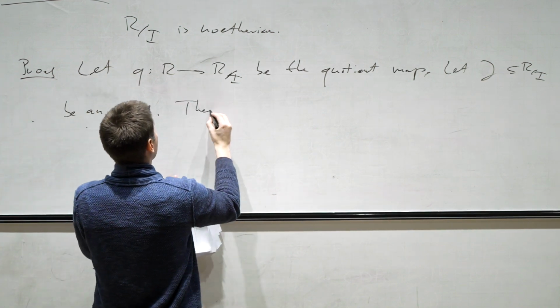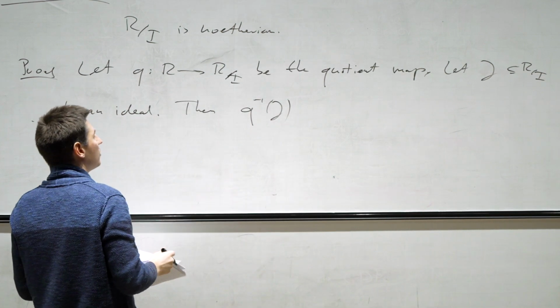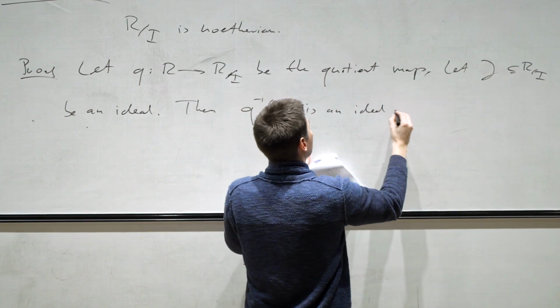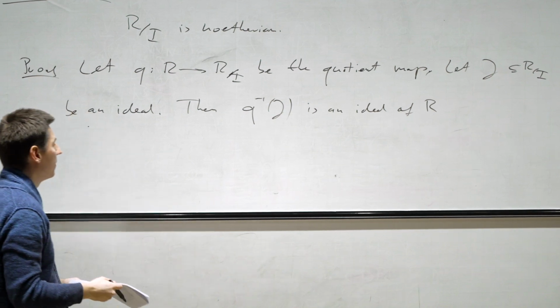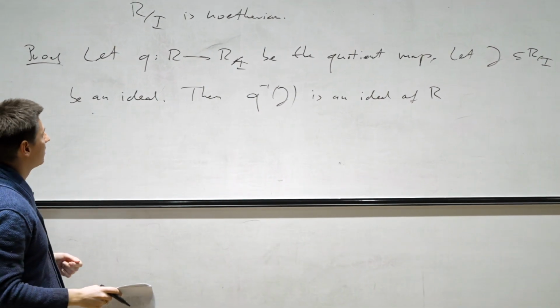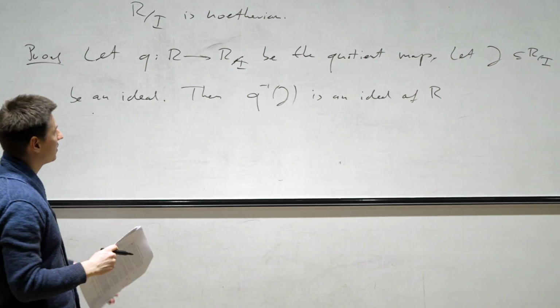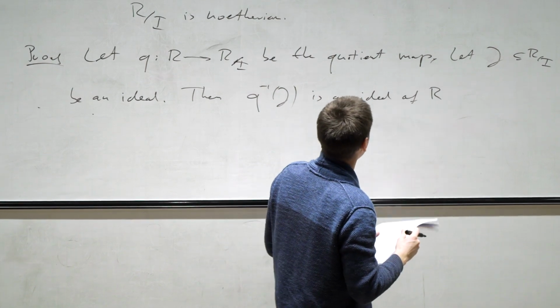Then Q preimage of J is an ideal of R. If we take an element of it and multiply it by something in R, we can push the situation by Q, and then we are still in J, and then we're in the preimage. This is easy, we've done this check multiple times by now. It's an ideal of R.